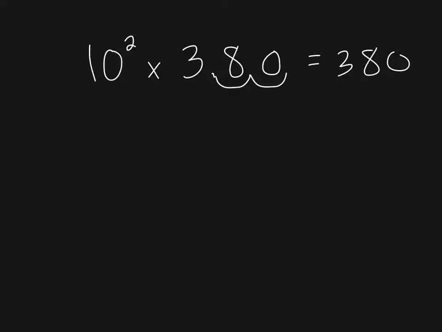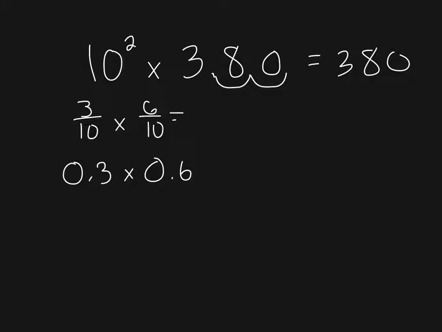So now we can use this to explore what happens when we multiply a decimal by a decimal. If I had the decimal 3/10 and I multiplied it by the decimal 6/10, well, we've already talked about fraction multiplication, where you can just multiply across.